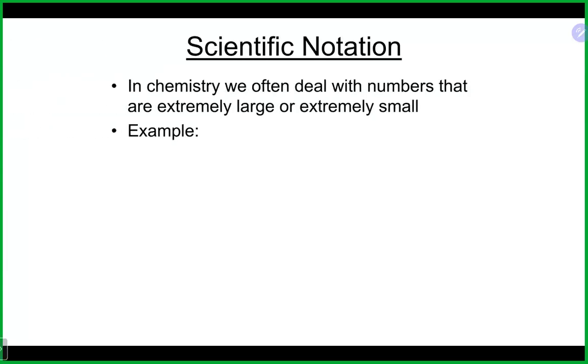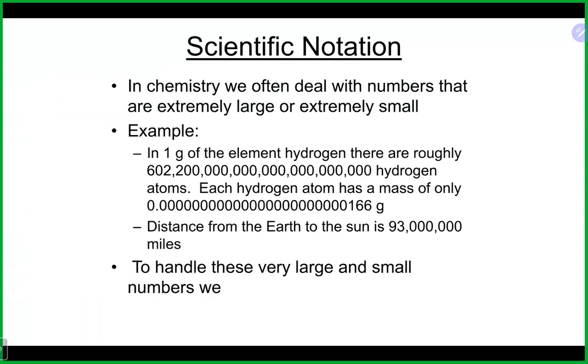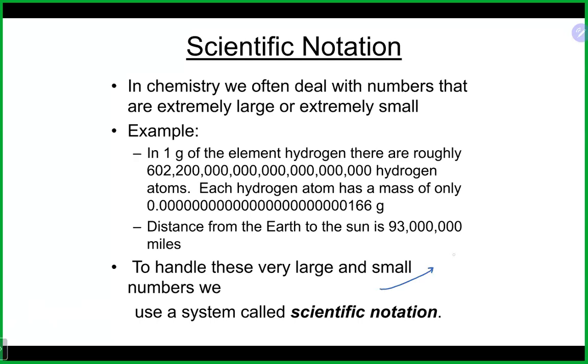Now, let's talk about scientific notation. In chemistry, we oftentimes come across really large numbers or really small numbers. To handle these, we use scientific notation, which I'll write over here. Scientific notation has a general formula of N times 10 to the n.